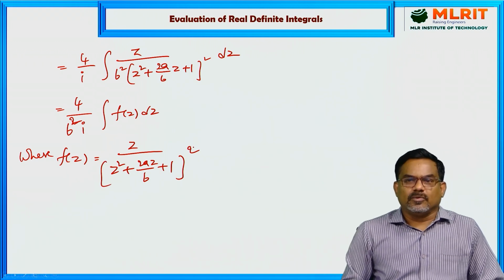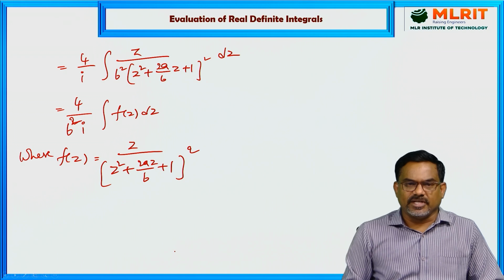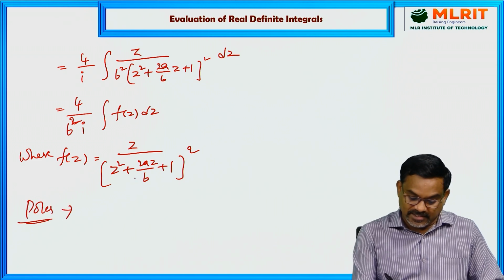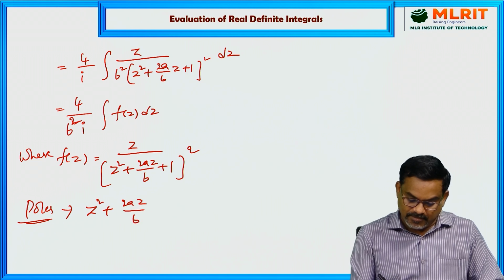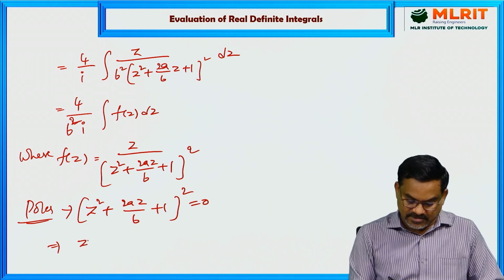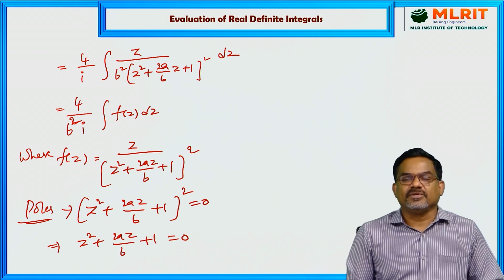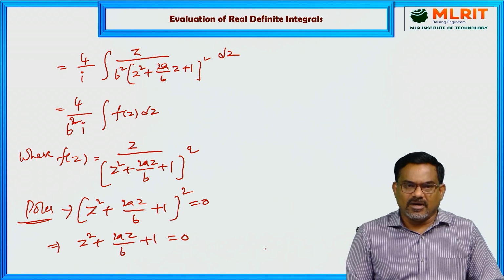To take the help of the residue theorem, first we need to find the poles. How to find the poles? By equating the denominator to 0: (z square plus 2a z by b plus 1) whole square is 0. That implies z square plus 2a z by b plus 1 is 0, which is a polynomial of degree 2.